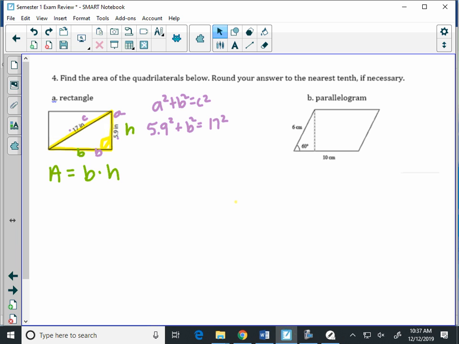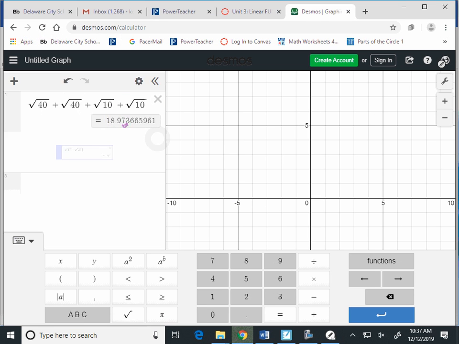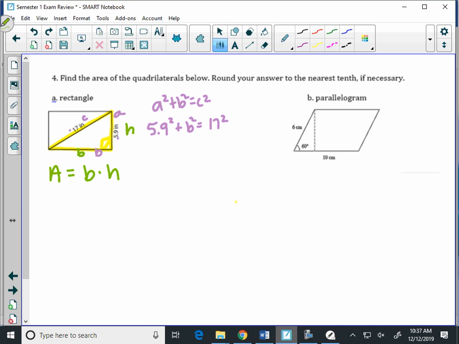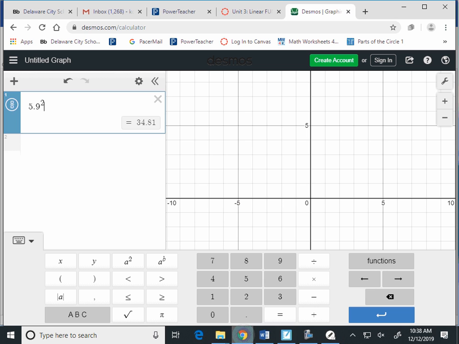So then figure out first what is 5.9 squared. So I'm going to plug that into Desmos. I'm going to do 5.9 squared, and I get 34.81. So this becomes 34.81 plus B squared equals 17 squared, 289.